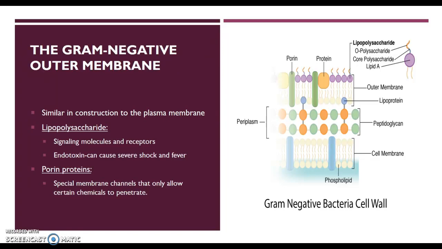As I said before, they also produce an endotoxin. This endotoxin increases the virulence of these gram-negative organisms. And they also contain these porin proteins that allow certain chemicals to penetrate that outer membrane and then enter the cell.